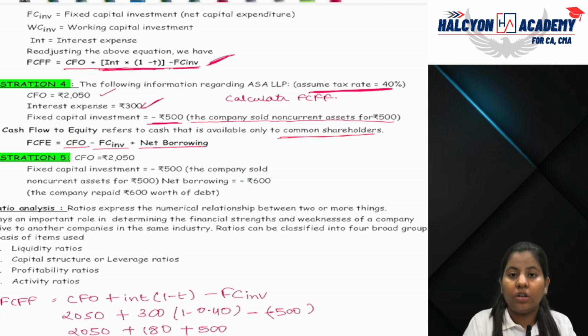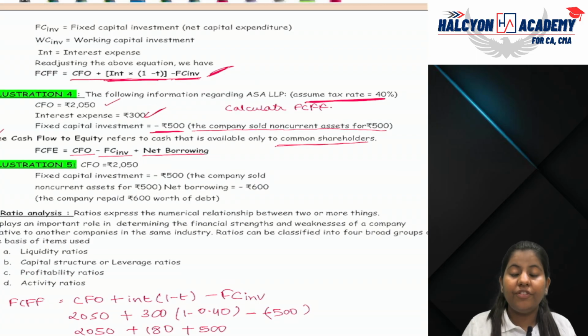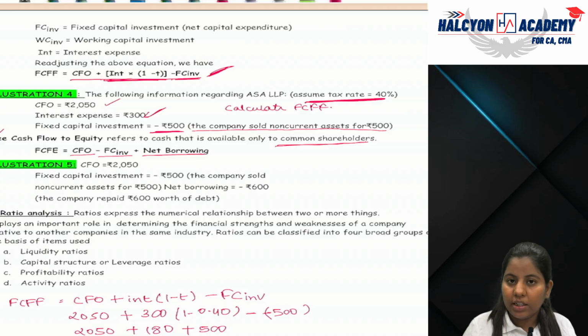Whatever we have taken as debt, whatever we have borrowed, it is available now. For now, it is available for the equity shareholders only. We don't have to pay it back to the debt holders immediately. For now, we have that cash and we are going to use it for the equity shareholders.